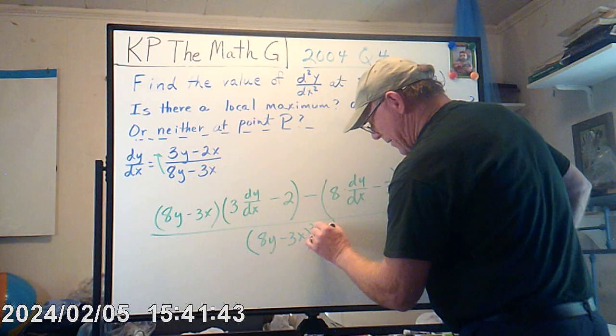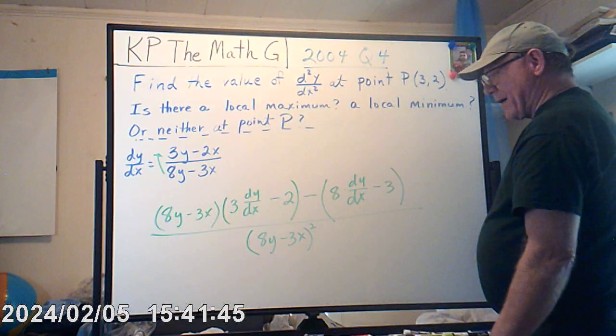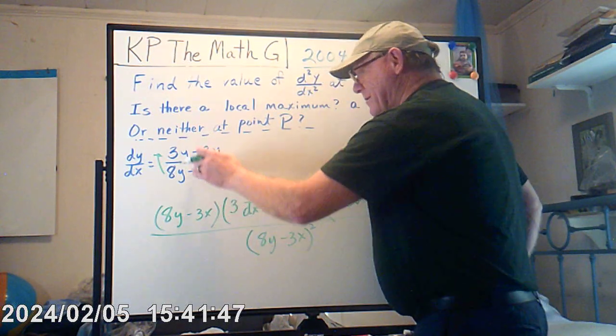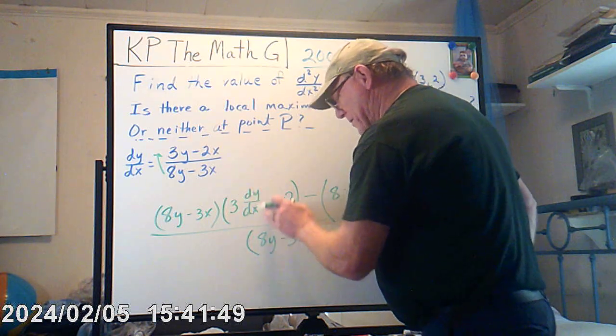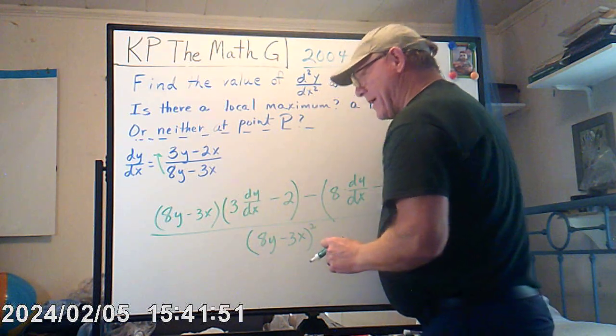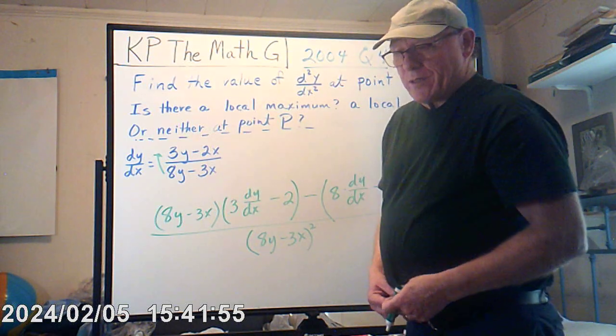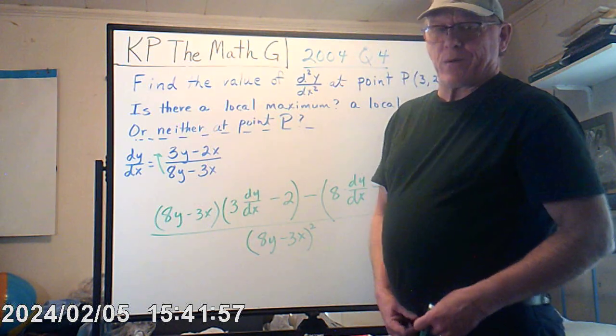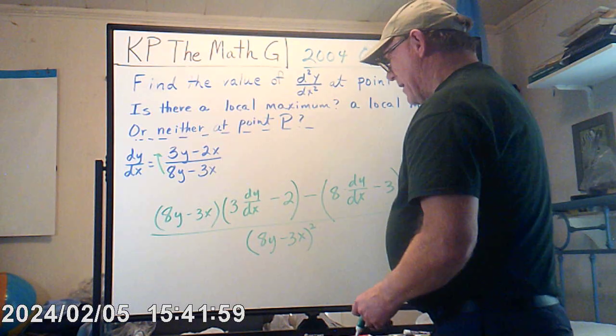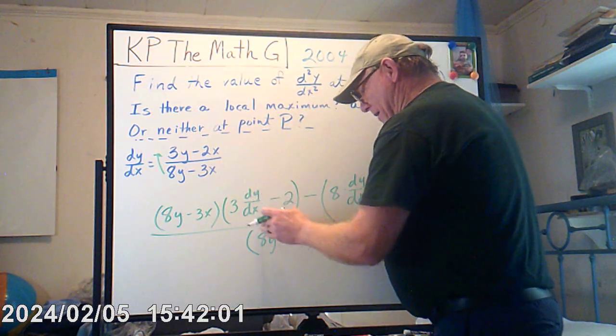We're going to square that. Keep in mind that when you take the derivative of y, you've got to tack on that dy over dx there. Or if your instructor's been telling you to put y prime, then put y prime. Either way, it's the same thing.